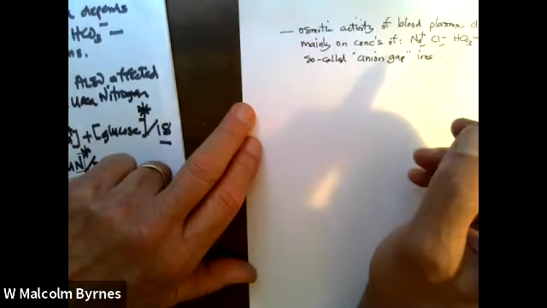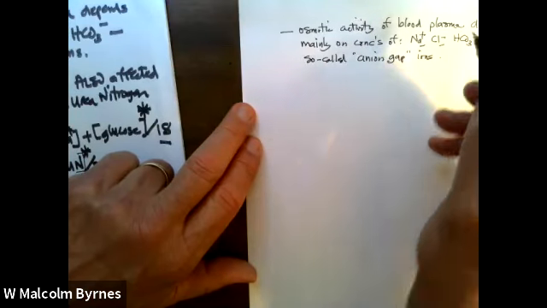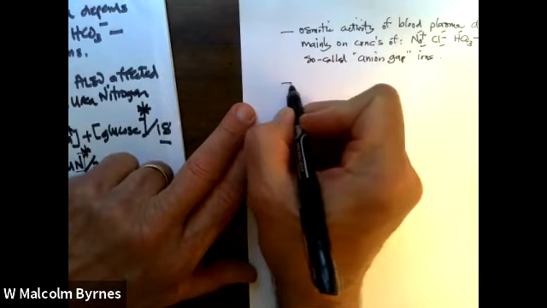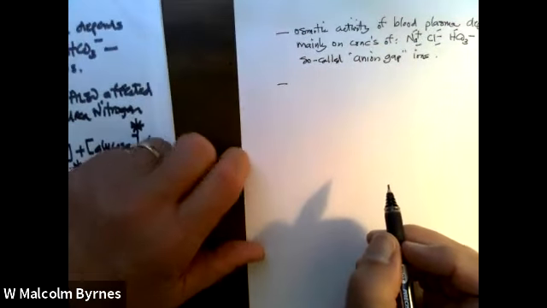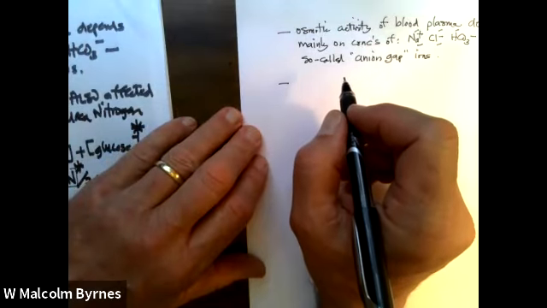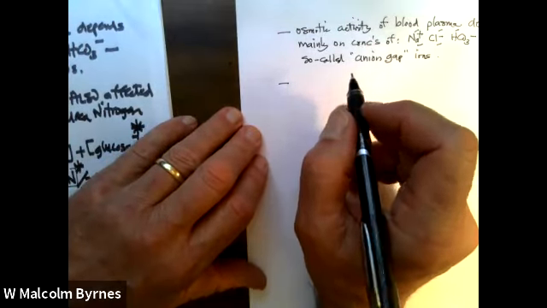But the osmotic activity of blood plasma depends mainly on these ions because these are the main ions that are present. But it is also affected by the concentrations of glucose and blood urea nitrogen.